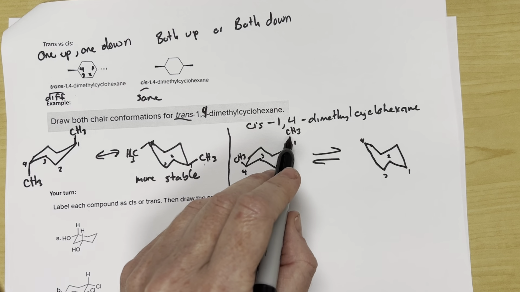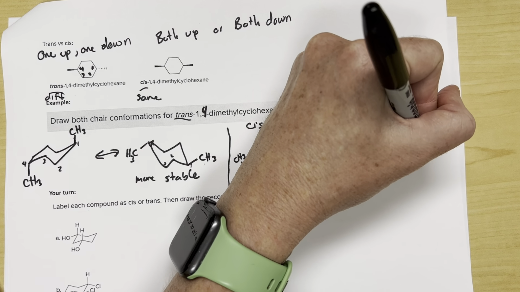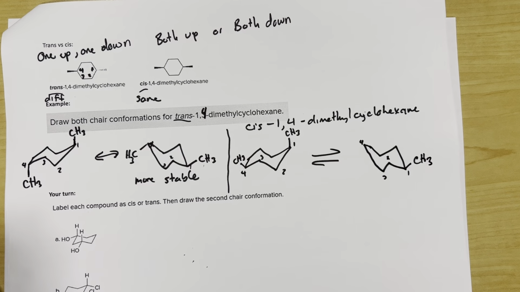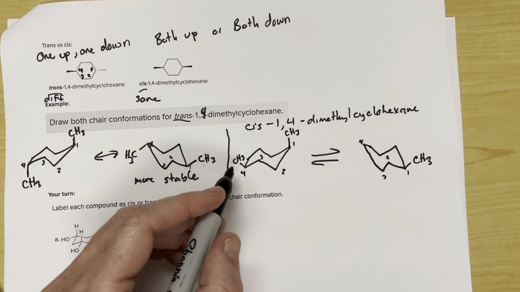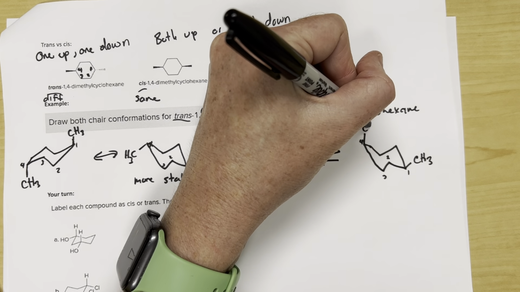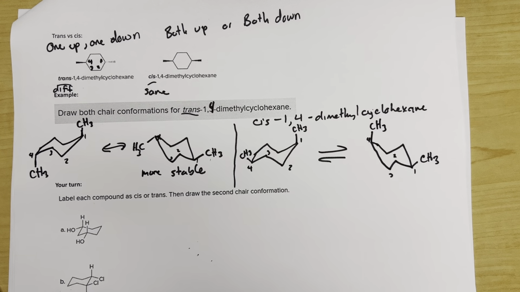So this CH3 that's up is now going to be flipped into the equatorial up from the axial. And this CH3, which was equatorial and up, is now going to be axial and up. All right, so I hope that makes some sense.